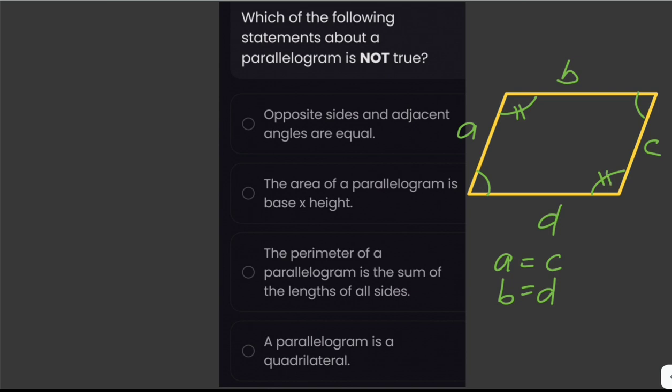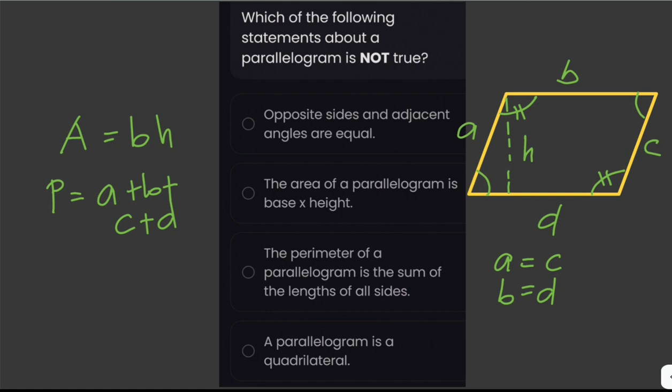To solve for the area of a parallelogram, that is just equal to base times the height. Okay, this is the height. And then the perimeter is just the sum of the lengths of all sides. So that will be A plus B plus C plus D.